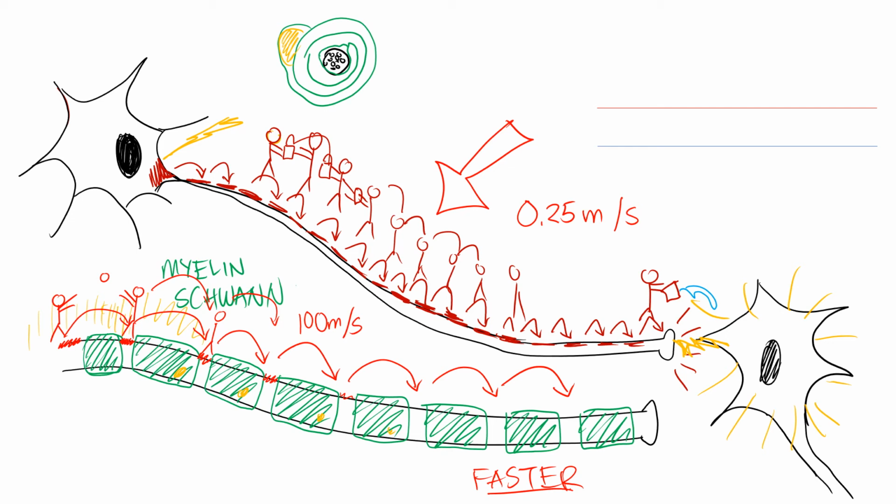Okay, so just for us to remember, these open areas are called nodes of Ranvier. These are carefully spaced out areas such that when one node depolarizes, this node can affect this adjacent node.